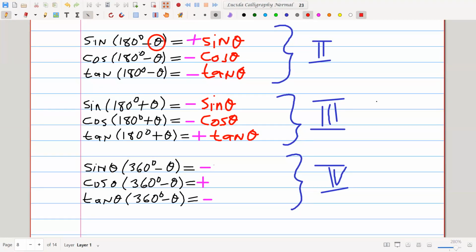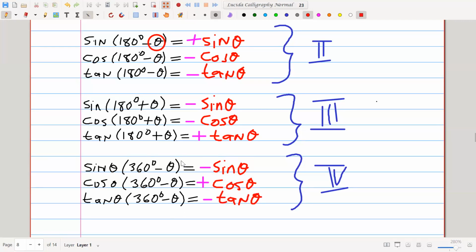So now the sine is negative, then it's going to be negative sine theta. And then the cosine is positive, it's going to be cosine theta. And then the tangent is negative in the fourth quadrant, it's going to be negative tan theta.